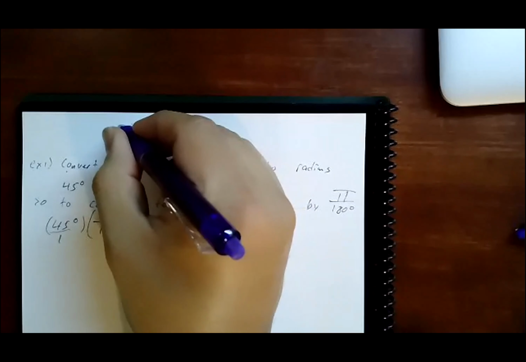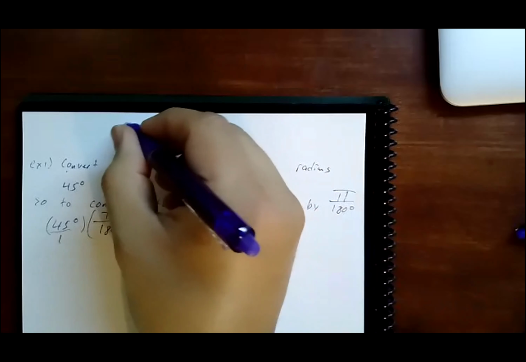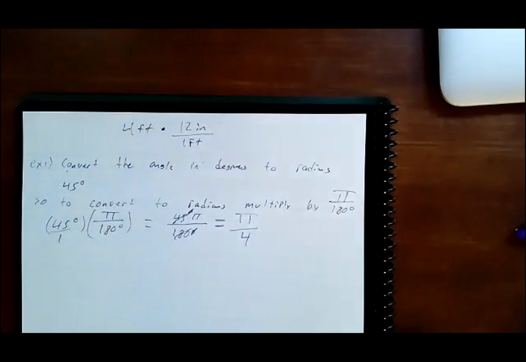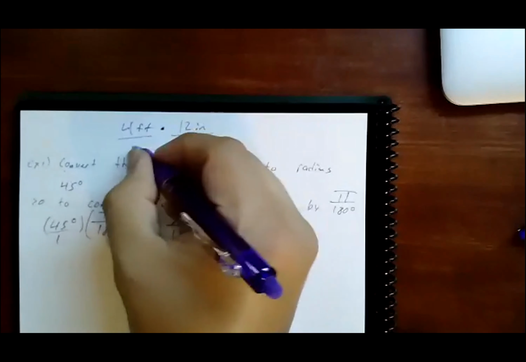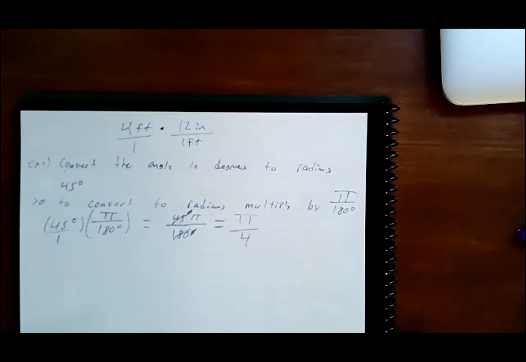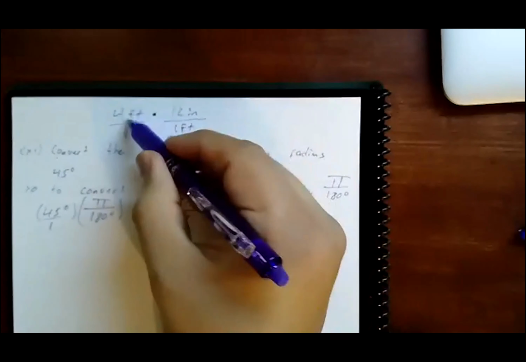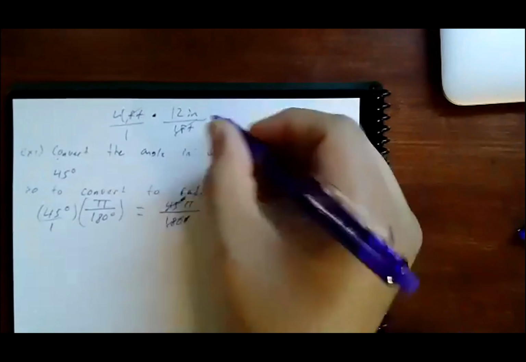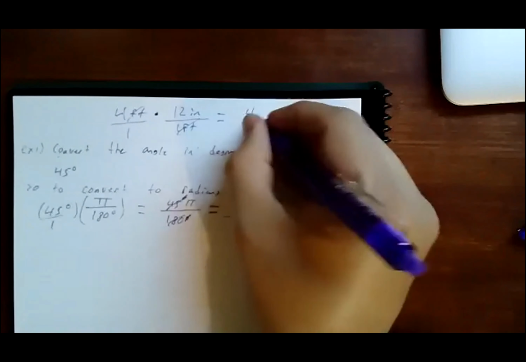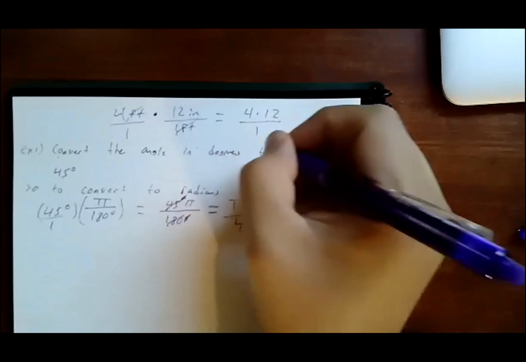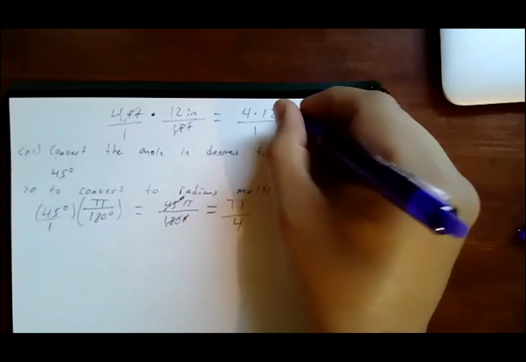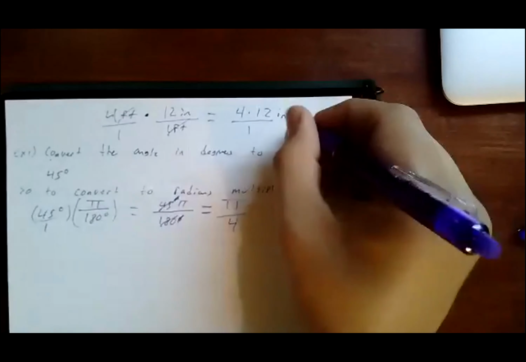Let's make it more interesting. Let's say this is, I don't know, 4. Then you would multiply straight across like you do any fraction. So feet are going to cancel, leaving you with 4 times 12 over 1. But the inches unit is still there.